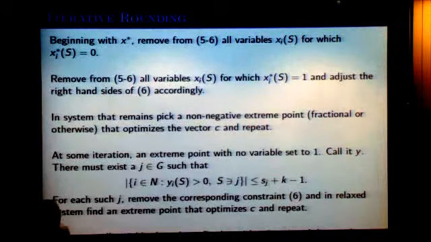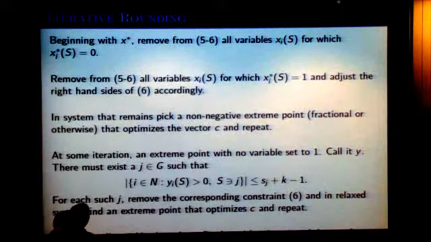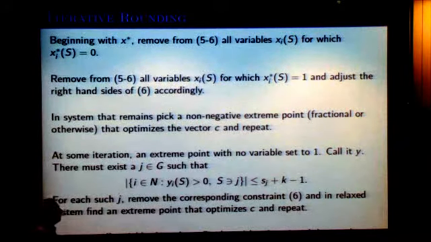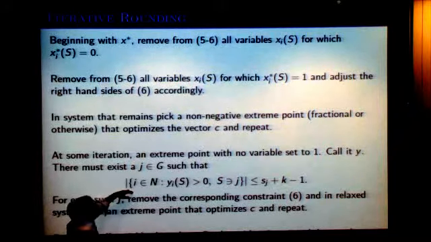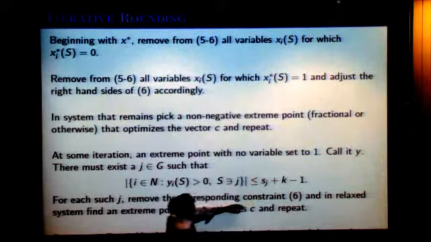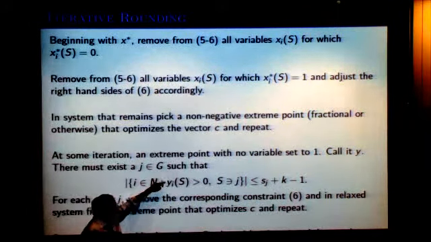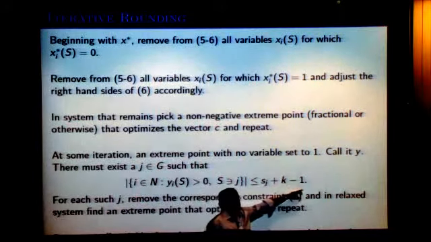In the system that remains, pick a new extreme point in the same way, by maximizing the same u over that reduced polyhedron. Now, at some iteration, you must reach an extreme point where no variable is set to 1. So all the variables are fractional. In that case, you can prove that the following must be true. In other words, there must be a good where the number of agents who get a positive amount of that good is no more than this.